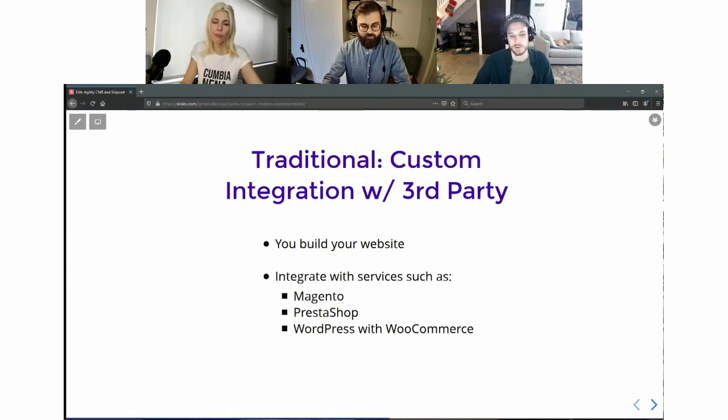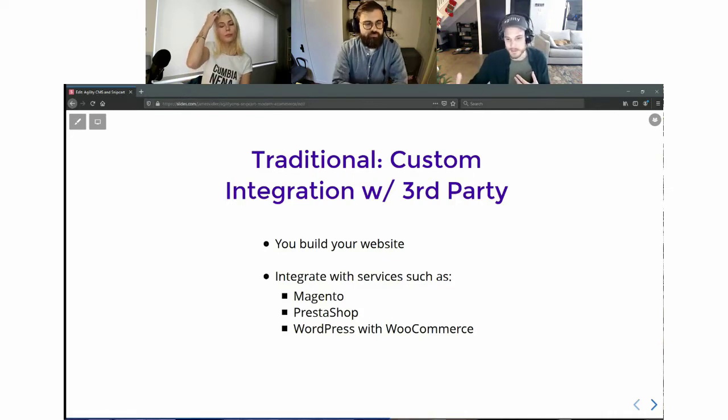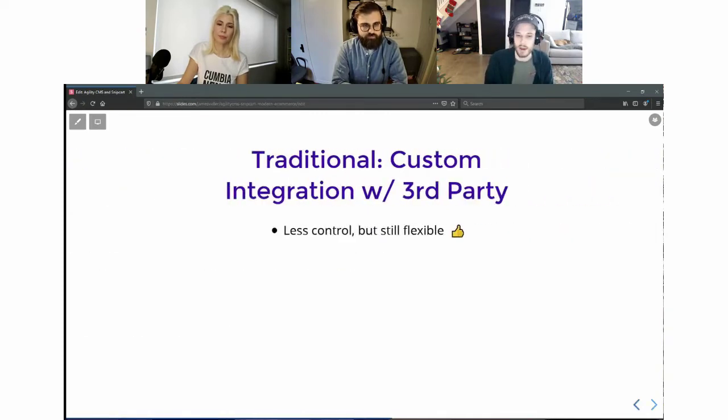For example, companies like Magento, PrestaShop, and WordPress with WooCommerce. The idea is you have your own custom site, and then you build an integration that handles processing payments, managing products, etc. And your site code essentially needs to integrate with how those work.